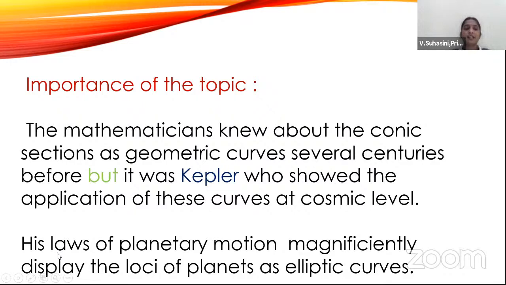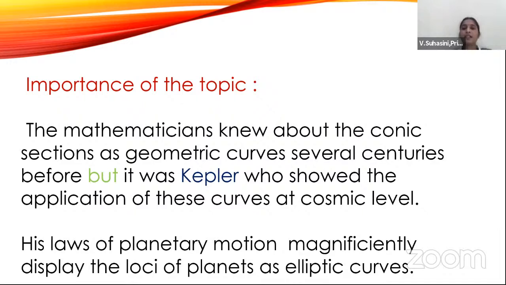Speaking more specifically, his laws of planetary motion magnificently display the loci of planets as elliptic curves. Before Kepler's laws, we had a notion that the path of orbits is a circle, but using the knowledge of the locus, Kepler proved that planets revolve around the sun in an elliptical way.